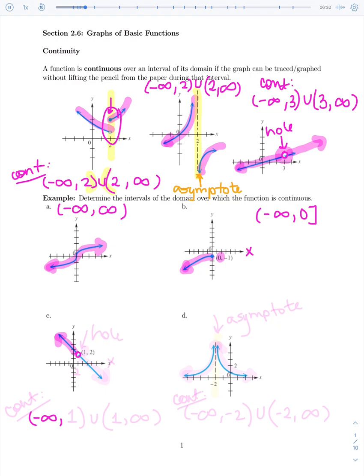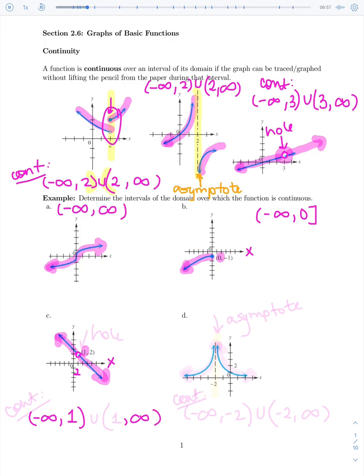I'm tracing from left to right, so I'm only going to use the x value on the point, which is an x value of 1. So I can trace all the way up to 1, but I can't include 1 because there's a hole there, so I'll use an open parentheses because I can't include 1. Then I can trace everything after that open hole all the way to infinity.